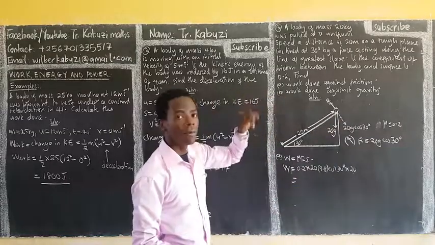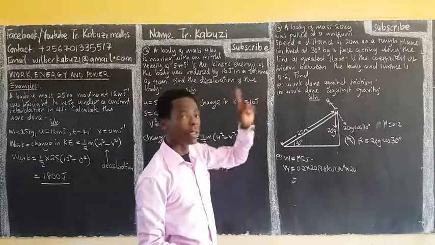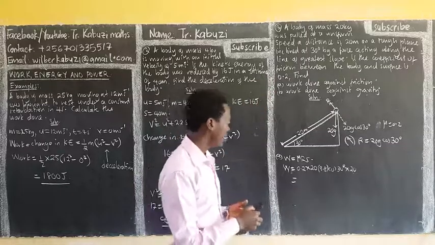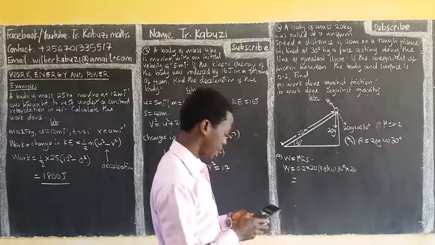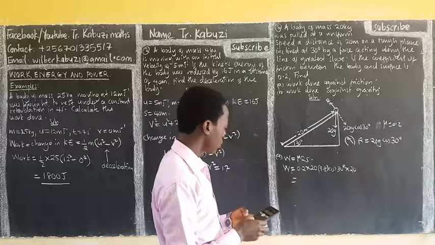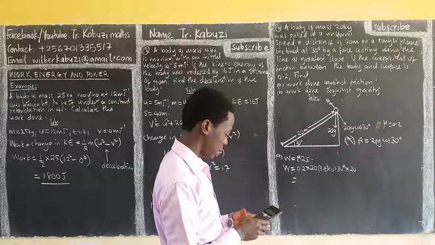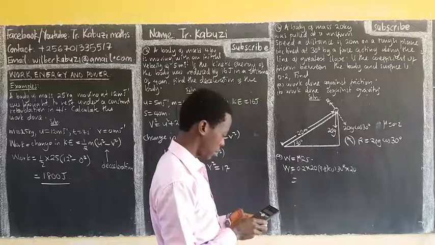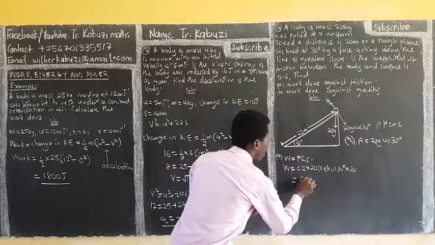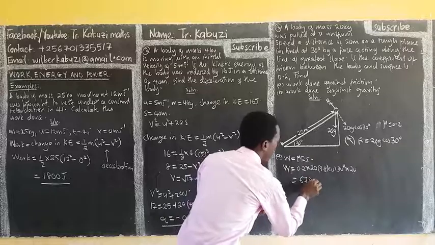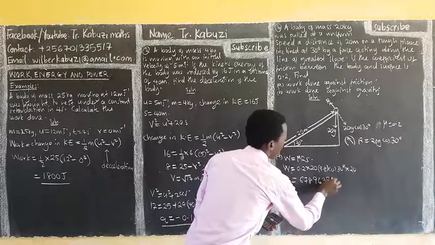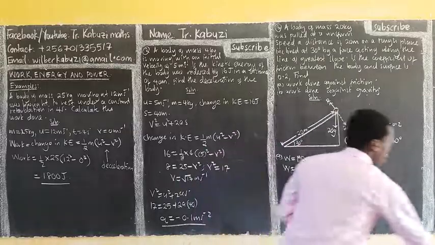But for work done by gravity, you base it on the height which was moved. That's the difference. When you press that into the calculator, here I'm getting 678.9639.